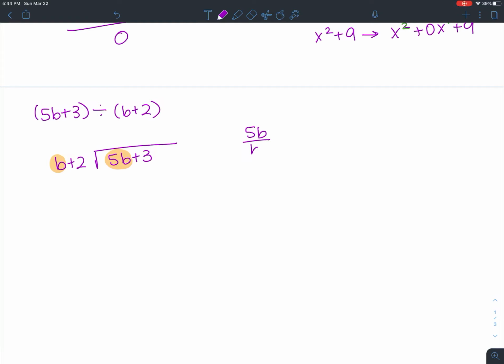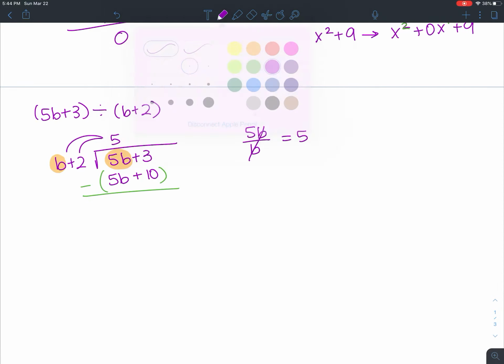So 5b divided by b, well, that's 5. So I'm going to put a 5 up here, and I'm going to multiply 5 by all terms. So we get 5b plus 10. And again, I need to subtract to find the difference.